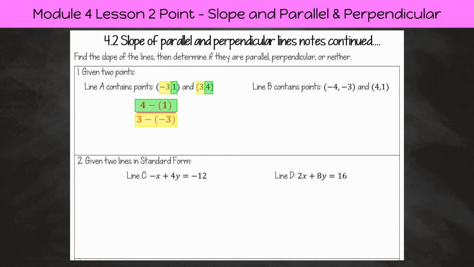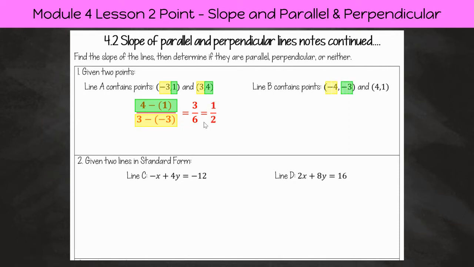And so I'm going to set up my slope formula and do my y2 minus my y1, so 4 minus 1, divided by 3 minus my x1, so x2 minus x1, and that's going to simplify to 3 over 6. Because remember, 4 minus 1 is 3, and 3 minus a -3 really means I'm adding, so that's going to become 6. So my slope is 3/6, which I can then simplify to 1/2.